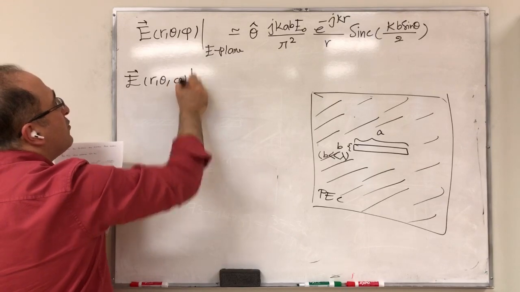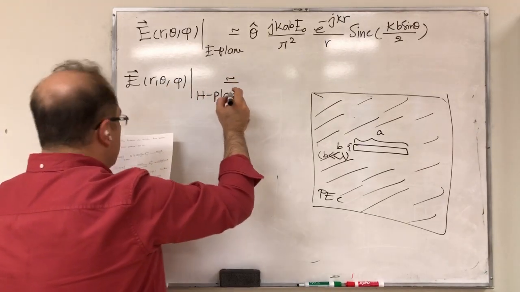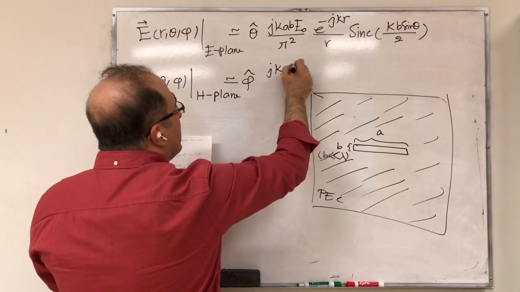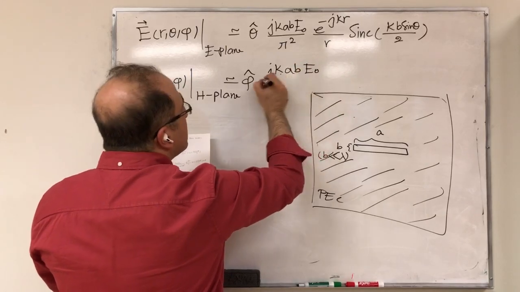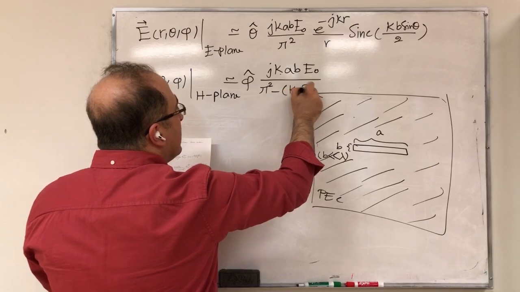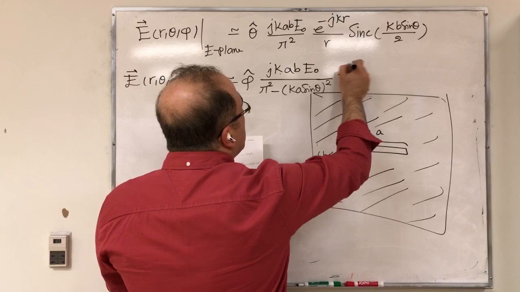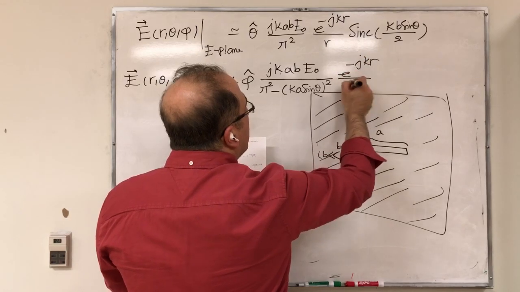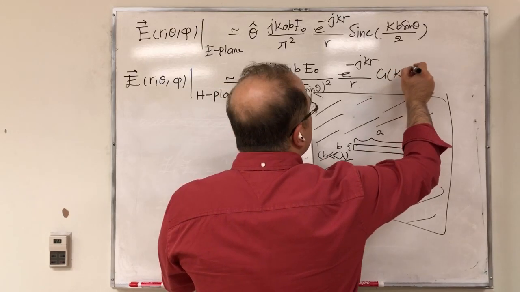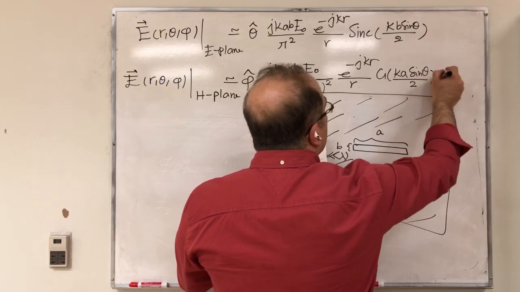And we had another E, this time for the H plane, which was phi hat jk A B E naught divided by pi squared minus (kA sine theta) squared, e to the power of minus jkr, cos(kA sine theta divided by 2) cos theta.